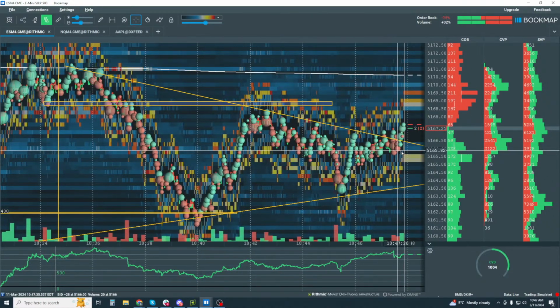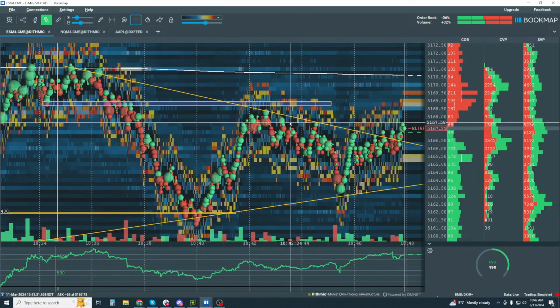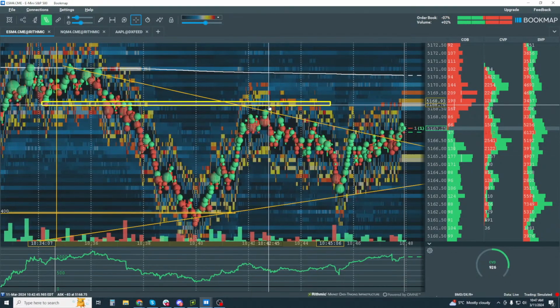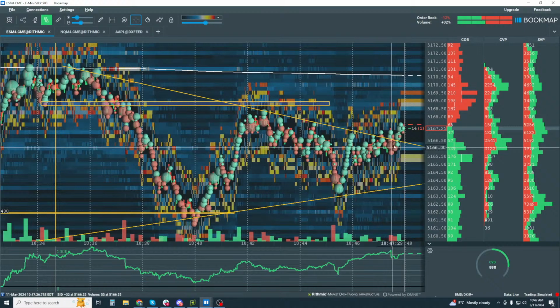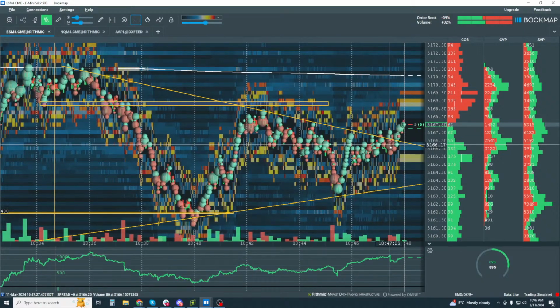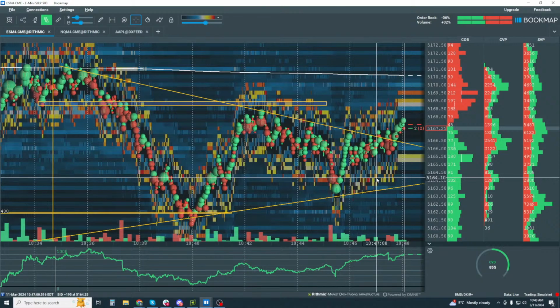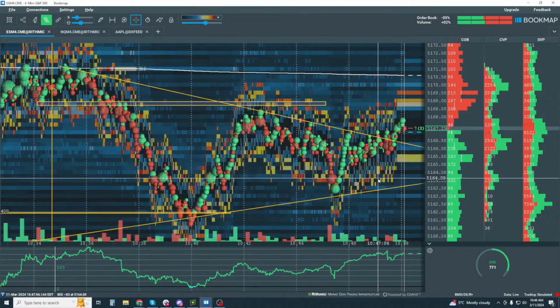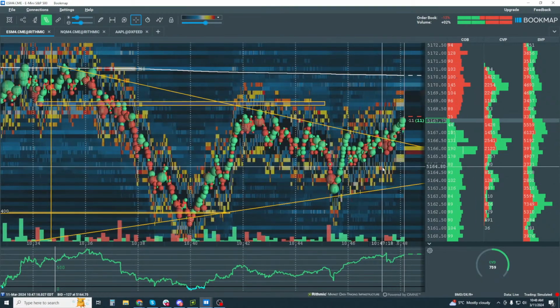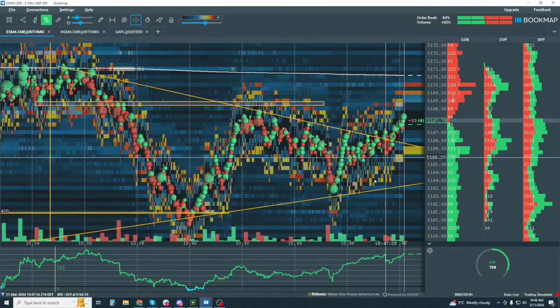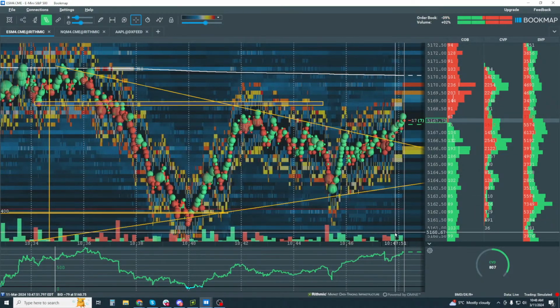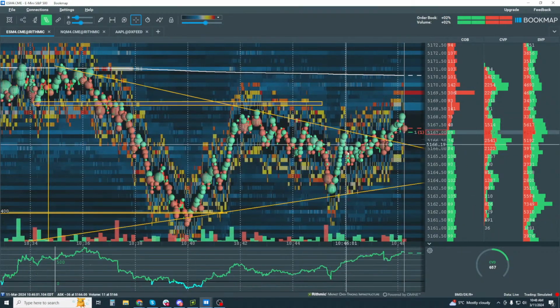Buyers are winning so far, but see if that selling really picks up, because we just got a lot of selling in this little cluster here. Volume wise, we still have to go with the buyers. They're still in control here.